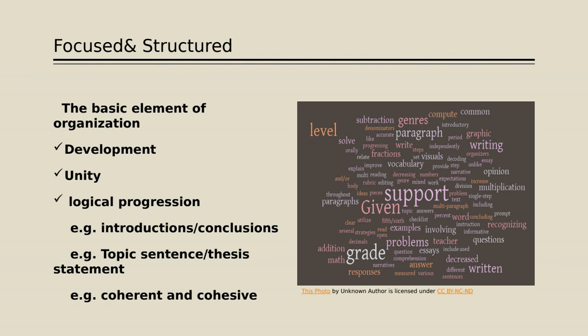We usually say the conclusion is a mirror image of the introduction. How do they link together? And how do we look at the topic sentence, how it is developed, and then go into the thesis statement, where we provide the main issue of our writing.